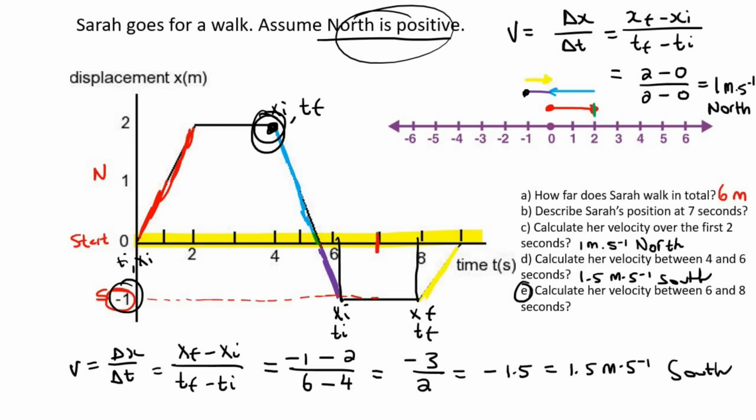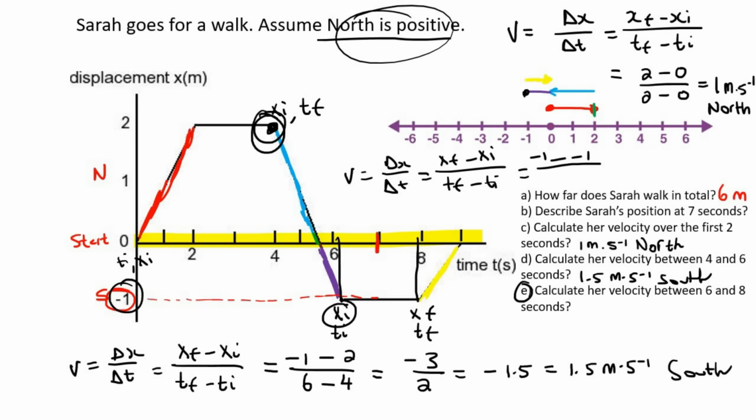So if we had to do a calculation with velocity, we know that that's change in x over change in time. And so that's going to be your final displacement minus your initial displacement over your final time minus your initial time. And so that's going to be -1, because that's this part. Then there's a minus. And then your initial is also going to be -1. So you're going to put a -1 like that.